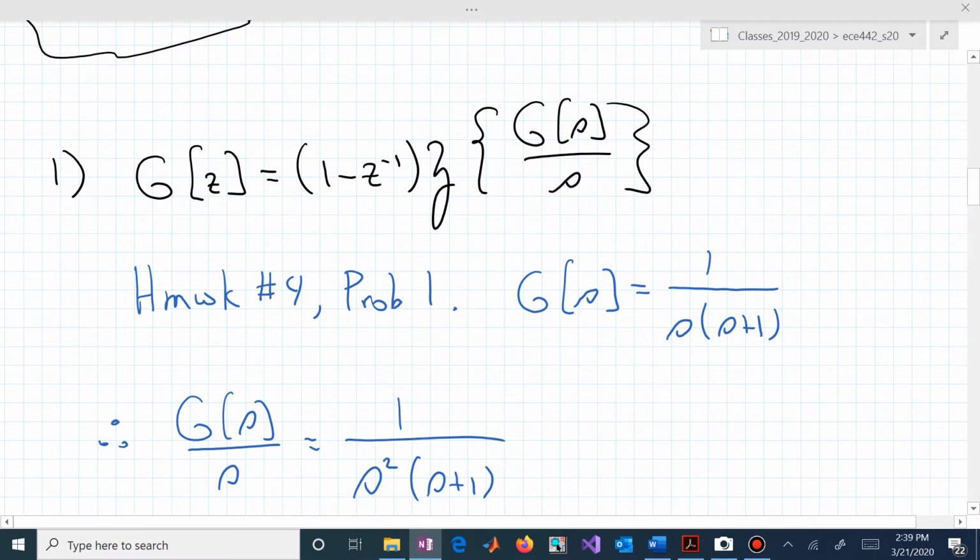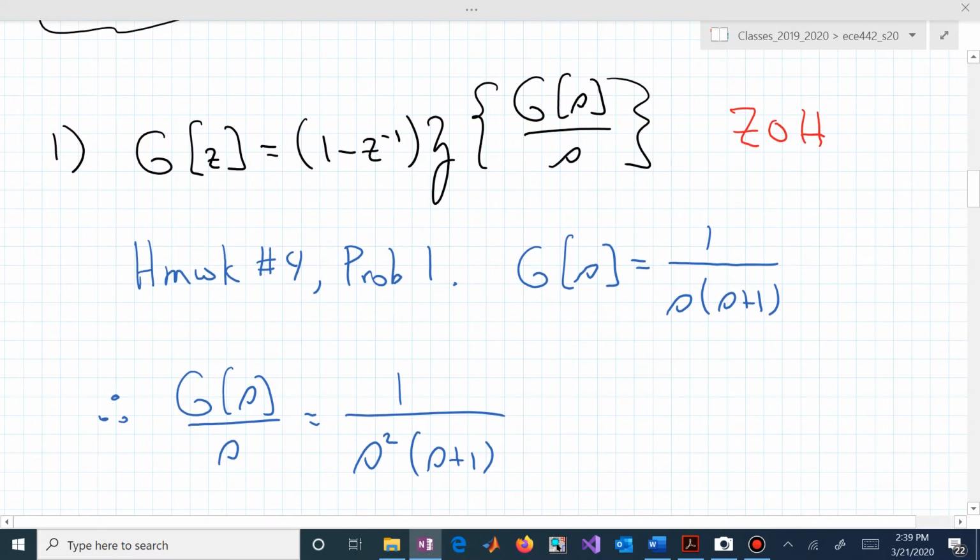The zero order hold equivalent is this expression that we derived in lecture 4.1. You need that factor 1 minus z to the minus 1 to scale the z transform of G of s over s. And you then need to find what's going on inside these curly braces relative to G of s over s.